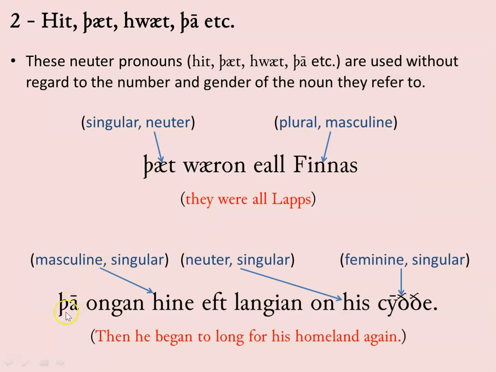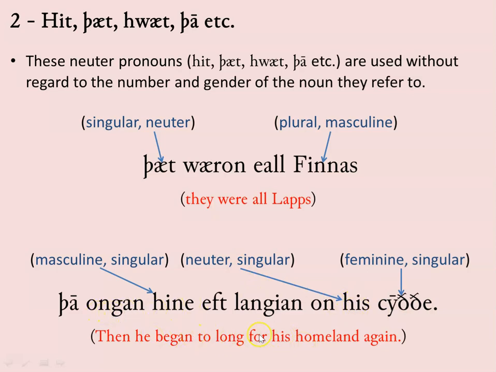Now, if we have a look at Tha ongan hina efter langian on his kutha, then he began to long for his homeland again. Tha ongan hina, the pronoun hina, masculine, singular, his, neuter, singular. Now, kutha, homeland, is feminine, singular, and so the pronoun that goes with it would need to agree, but we can use neuter instead of the feminine, because it's a male that we're talking about.